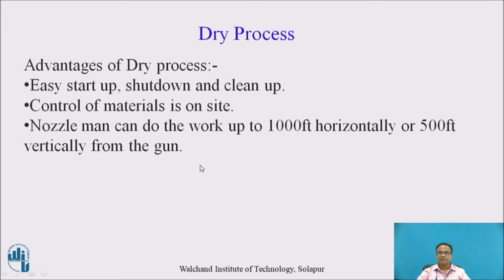So a skilled nozzle man is required to work at site, and he can do the shotcreting or guniting work with a dimension of 1000 feet horizontal and vertical dimension of 500 feet in one day. But it requires a very skilled person to complete this activity.